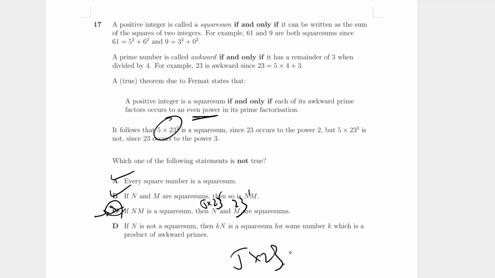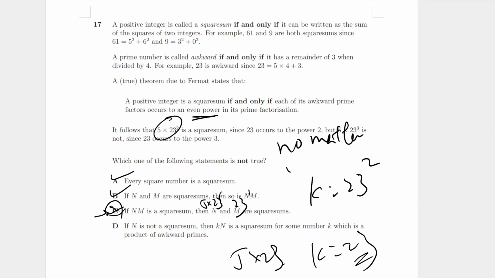For example, here I could choose k to be 23, and make it an even power. You could even choose k equal to 23 squared, no matter what n is.